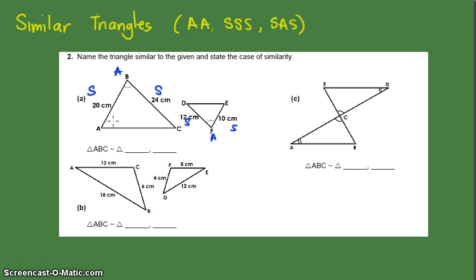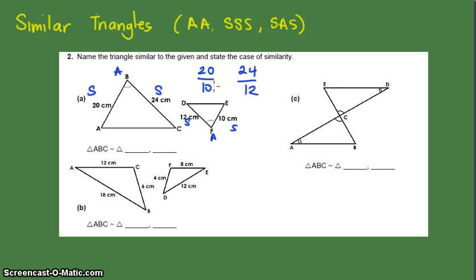Just to check if they're really similar, this is my way of organizing my solution. I start with the first triangle, list them down, so 20 and 24 in proper order, and I'll get the sides of the second triangle also in proper order. So this is 10 and then this is 12.